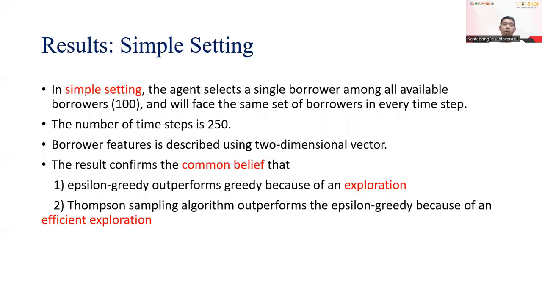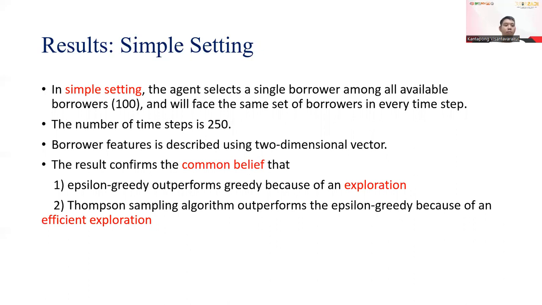We shall show this using the results in the basic scenario, so we start with the simple setting first. In the simple setting, the agent selects a single borrower among all available borrowers, and we face the same set of borrowers in every time step.